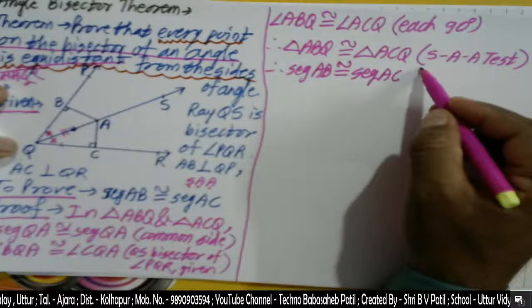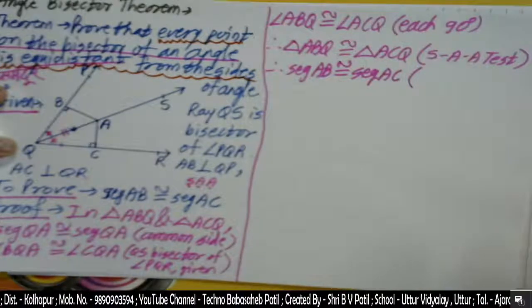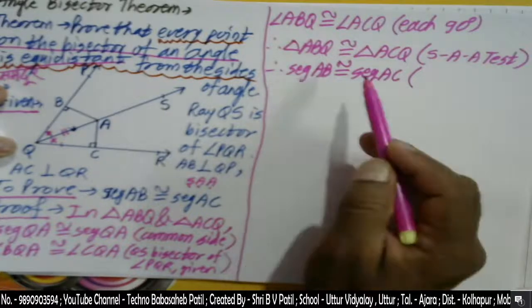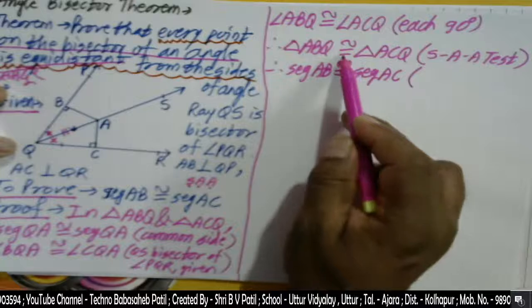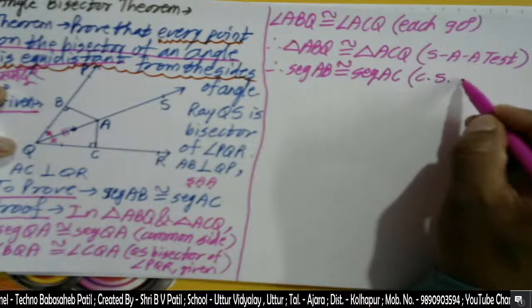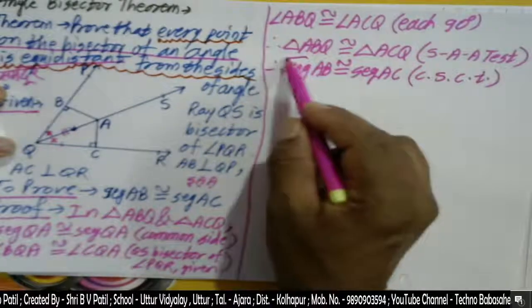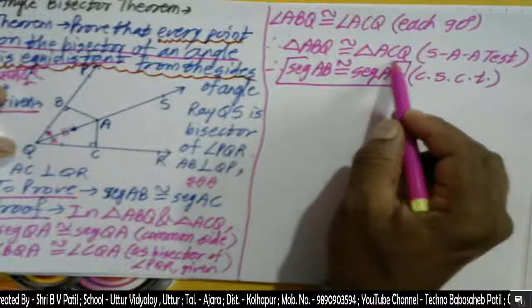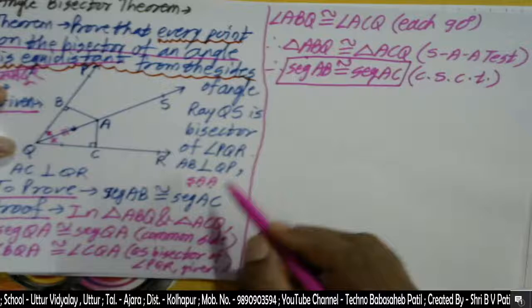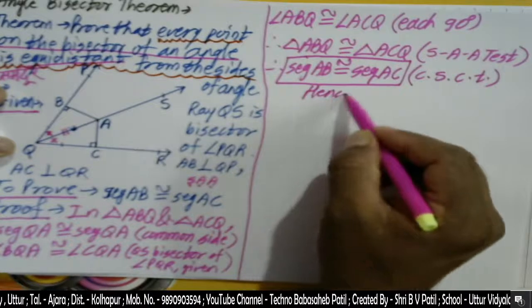And reason is corresponding sides of congruent triangles, and that is to prove here, आणि हेच आपल्याला या ठिकाणी हवं आहे. Hence proved.